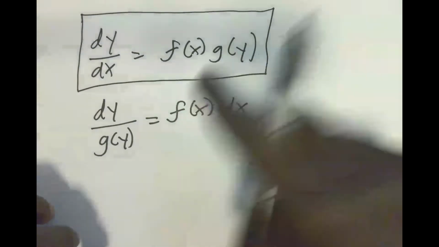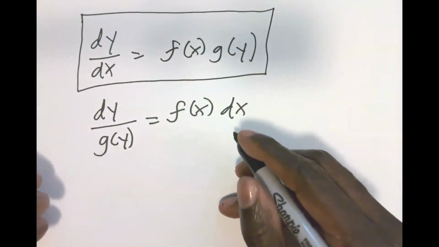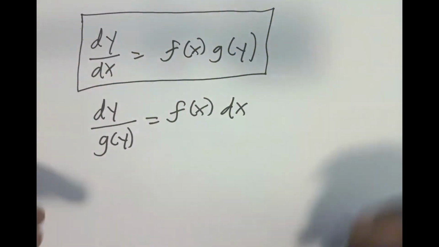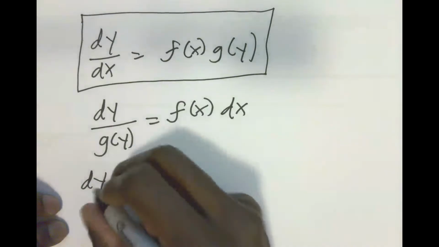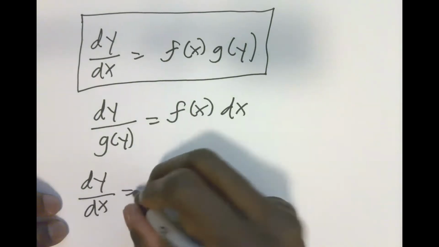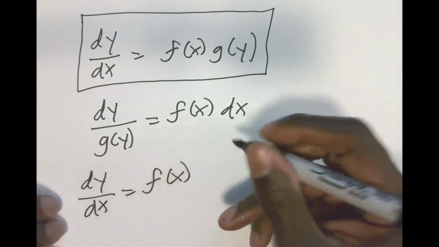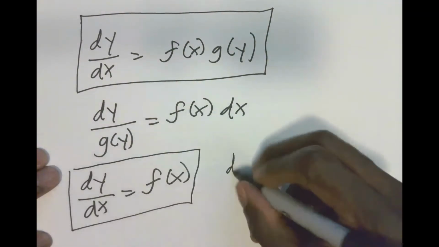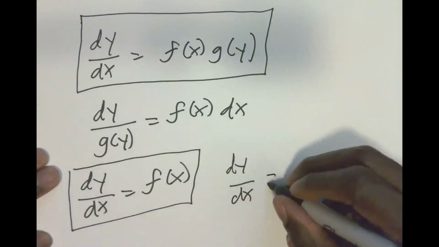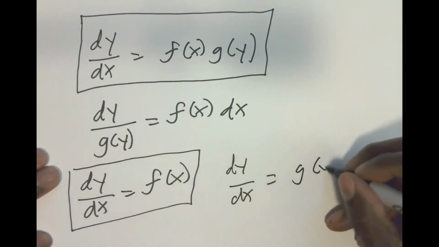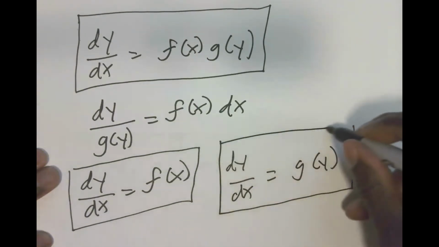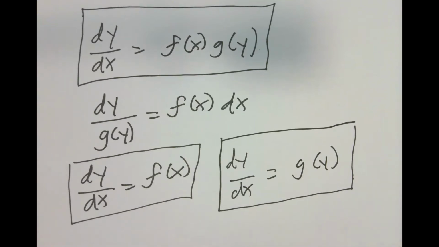So we would also consider a separable differential equation in first order, because it's the first derivative, differential equations of the form dy by dx equals just f of x, which is what we did in the first video, and also dy by dx equals just g of y. So those forms are also considered separable differential equations.